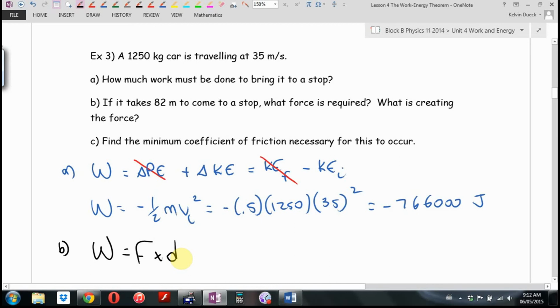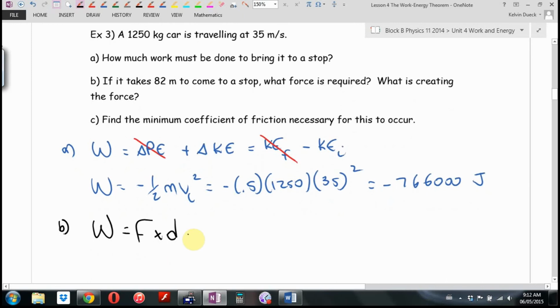What are we being asked to find here? Can you get the F by itself? Okay, so the force required to stop is going to be the work divided by the distance we need to stop.